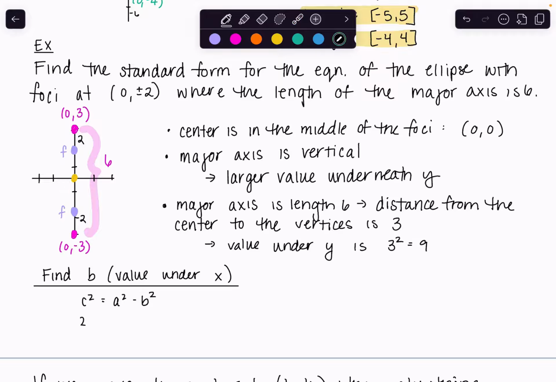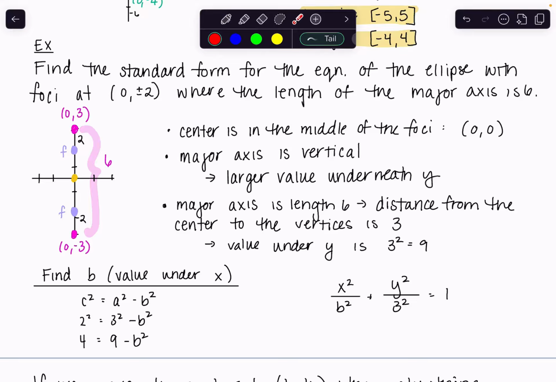So this gives me 2 squared is equal to 3 squared minus b squared. 2 squared is 4, 3 squared is 9, and then we just need to find b squared. And again, that's exactly what's going to go underneath x, so you don't need to find the value of b itself, you're just looking for b squared, because the equation of our ellipse will be x squared over b squared plus y squared over 3 squared equals 1.